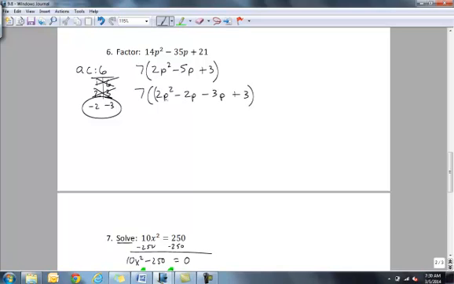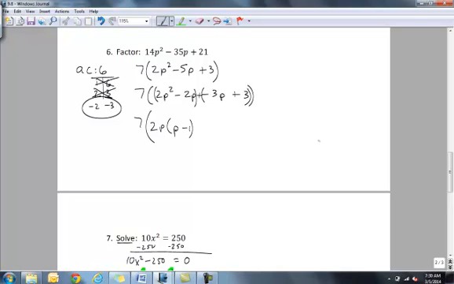And now I'm going to sneak in a little bit of grouping here, just like what we did the other day. I'm going to factor out the GCF from the first grouping and also the second grouping. So the first grouping, I see there's a 2p in common. What's left over is p minus 1.